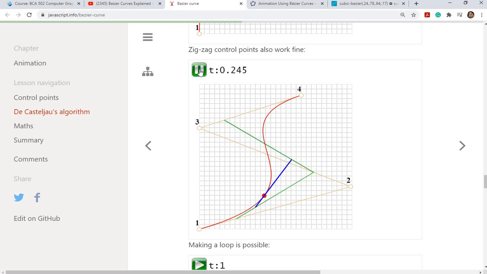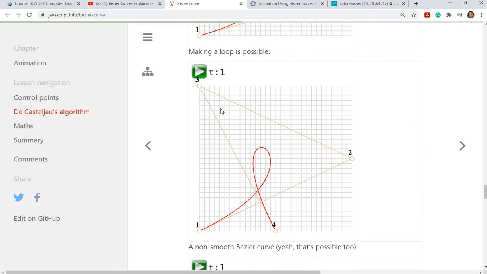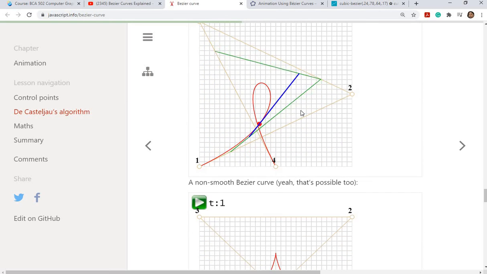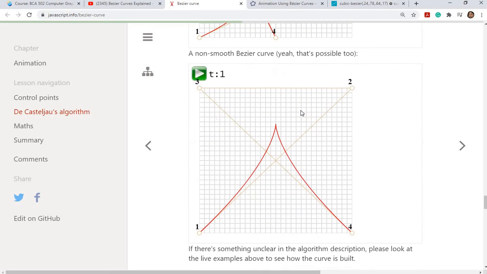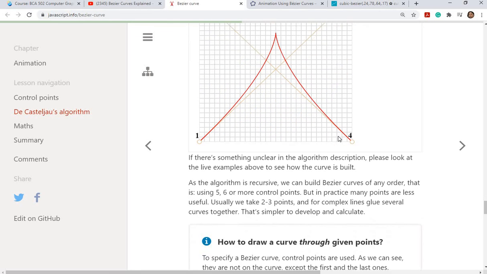But you have to remember that all these curves are drawn with respect to these points. Here also, another example. So I suggest you go to this website also and play with it.